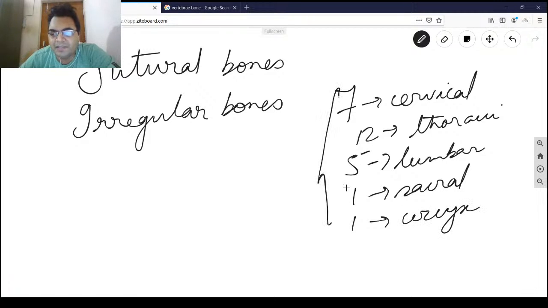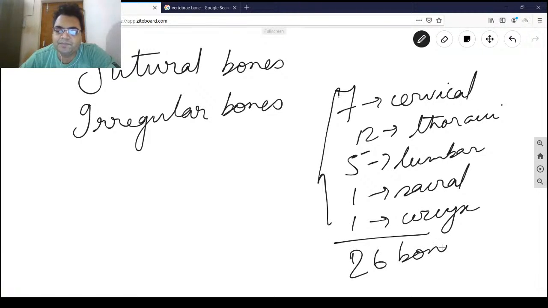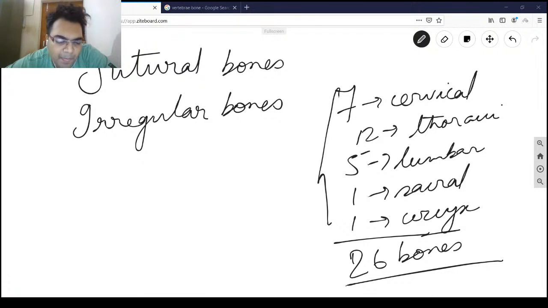So if you add up all this, you'll get 26 bones. As per the NEET examination, tick on 26 bones for human vertebrae.